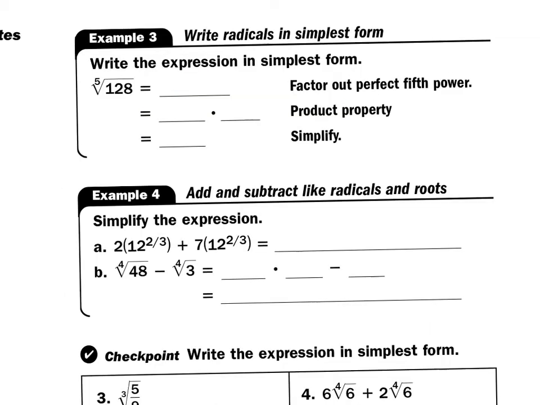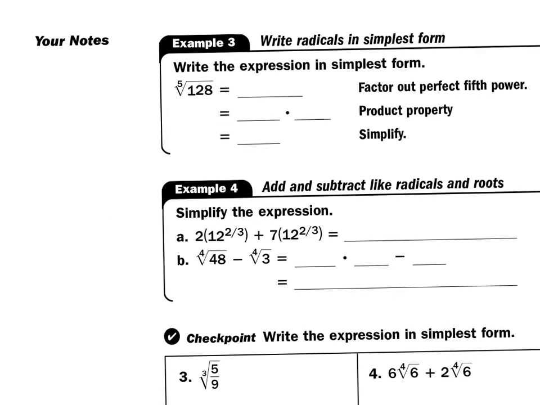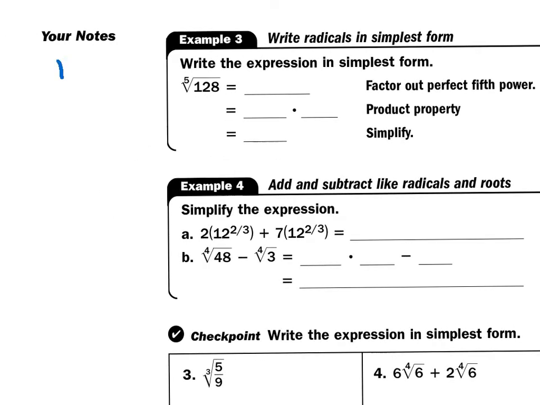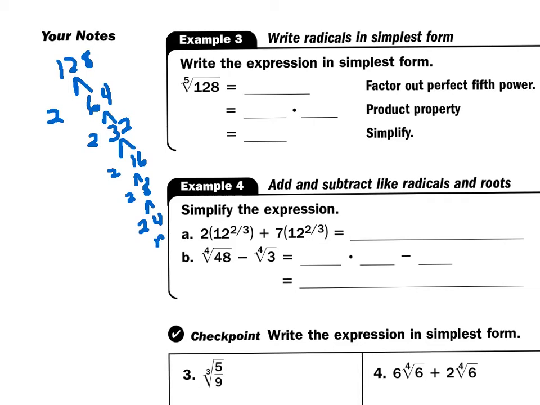Okay, example 3. Write them in simplest form. Factor out. So we would go ahead and factor 128 in a factor tree. Let me go ahead and make this a little smaller so I can do it over here. 128, 2 times 64, 2 times 32, and that is 2 times 16, it's 2 times 8, 2 times 4, and that's 2 times 2.